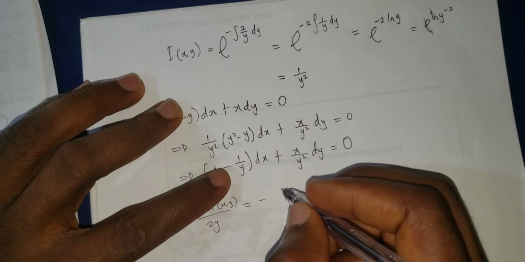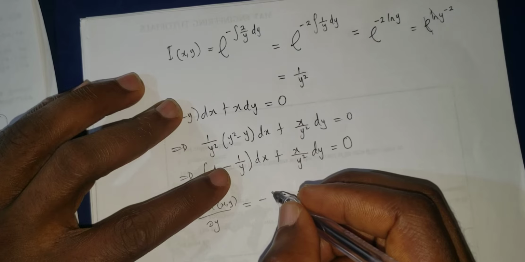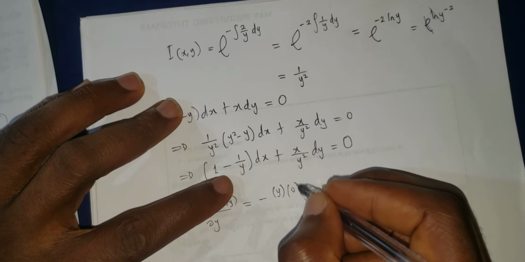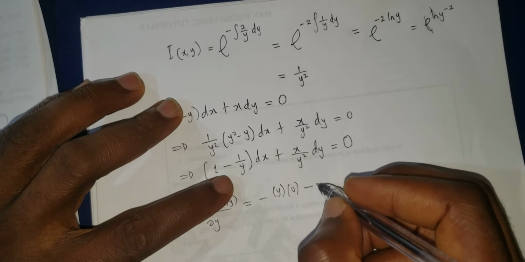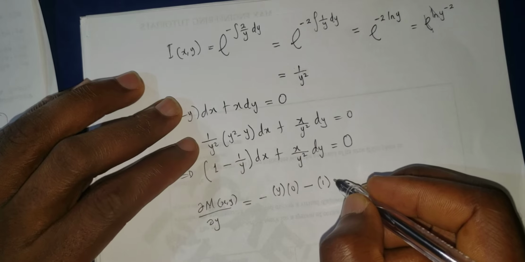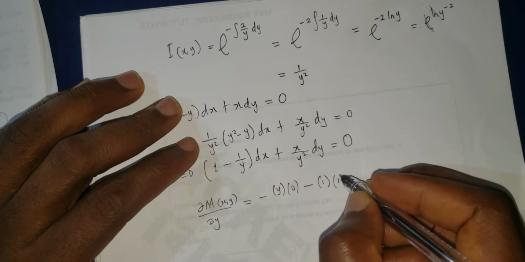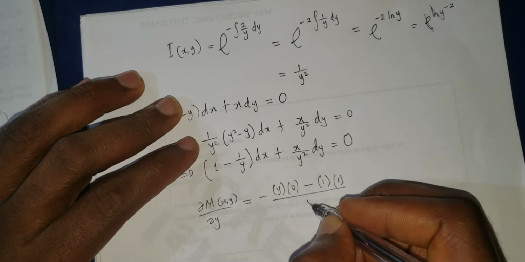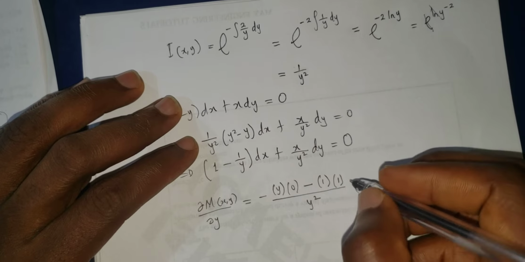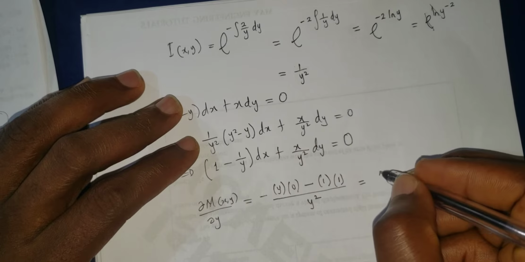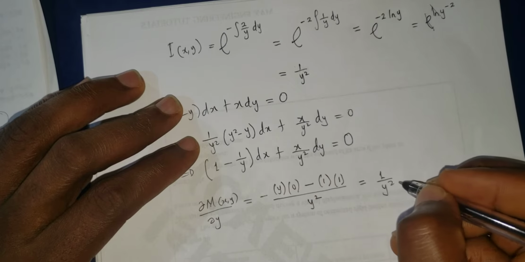Bottom times derivative of the top, which is 0, that's y multiplied by 0, minus top times derivative of the bottom. The top is 1 and the derivative of the bottom is 1, all over bottom squared, that is y squared. So this is going to be minus of minus 1, that is 1 over y squared.